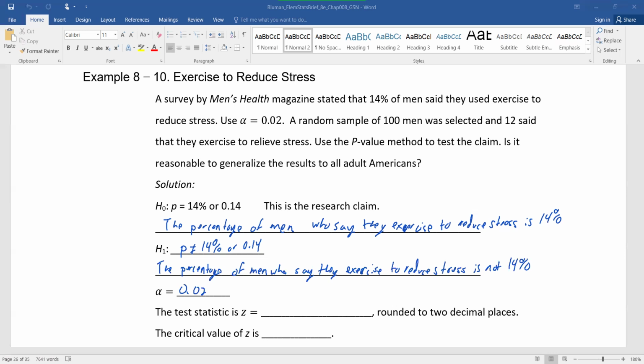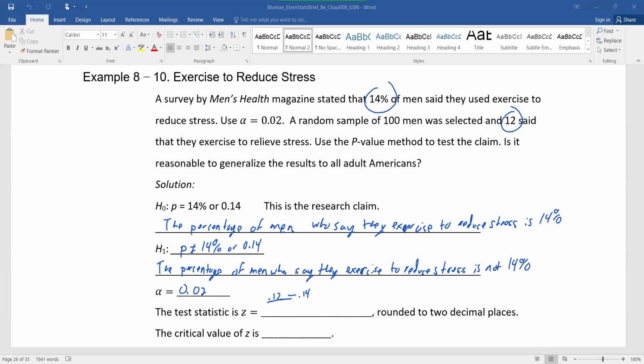All right, so the test statistic here, if we work this out, again, do your population probability of success, which we see is 12 out of 20, which is 0.12, minus the actual result, which was 0.14, or the population result, I guess. And this was the sample result.